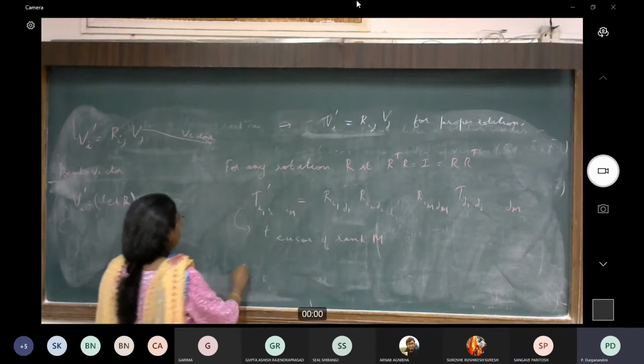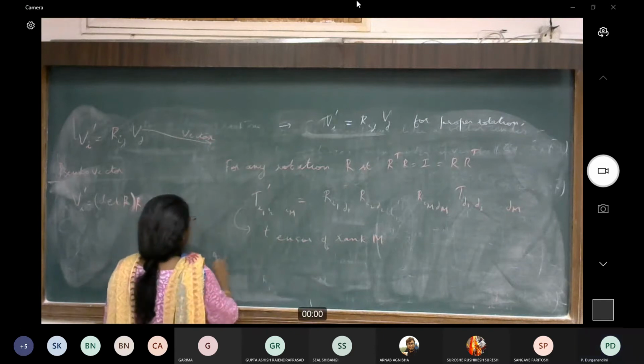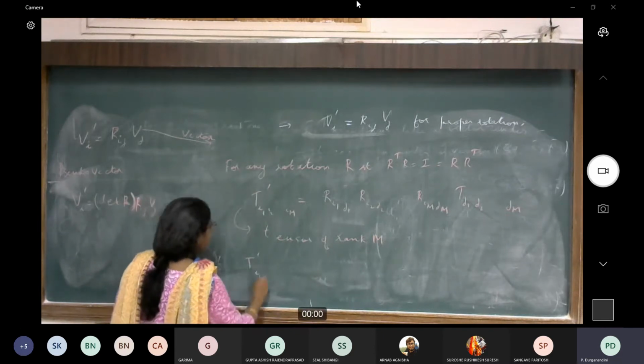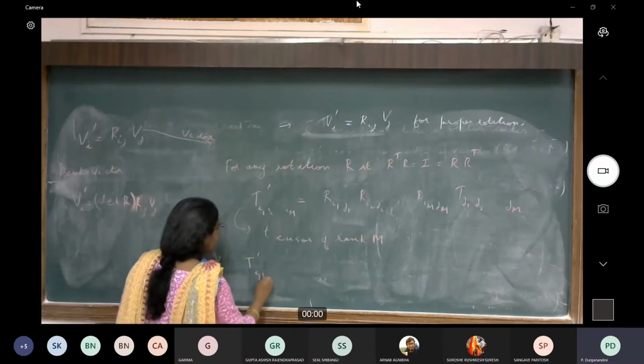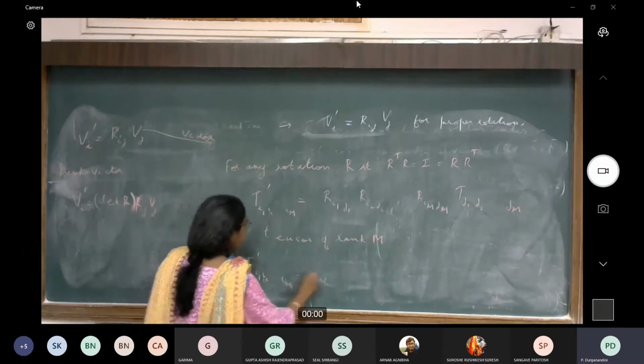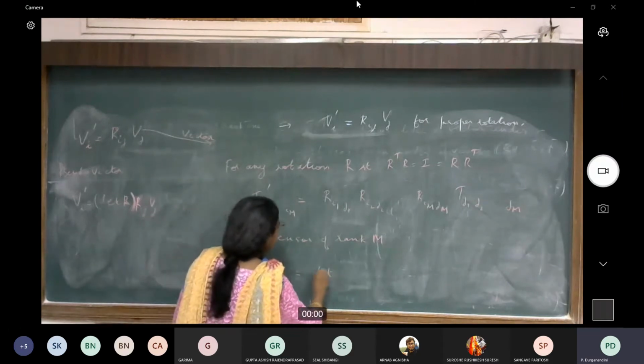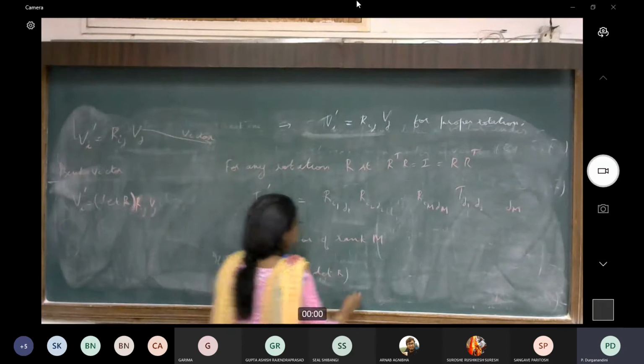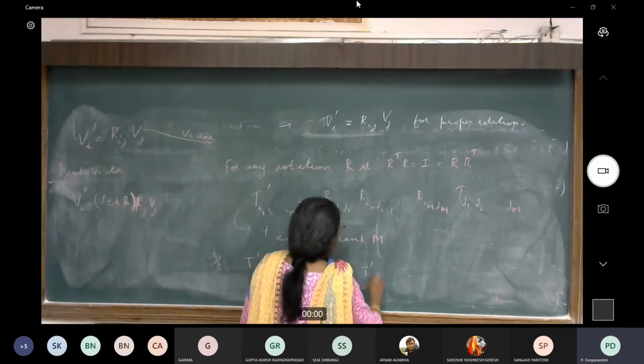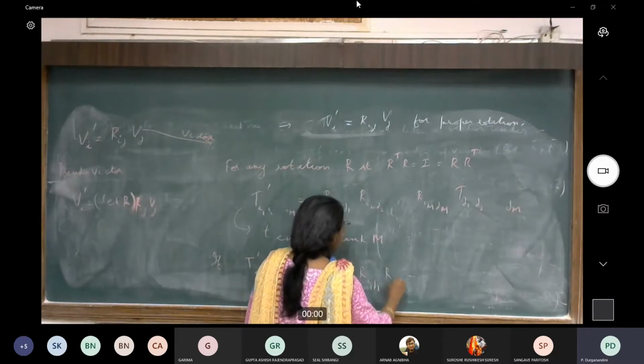And if the object T prime i1 to in, so the number of components are exactly the same, equal to determinant of R times Ri1j1 Ri2j2 and so on times T j1 to jn.